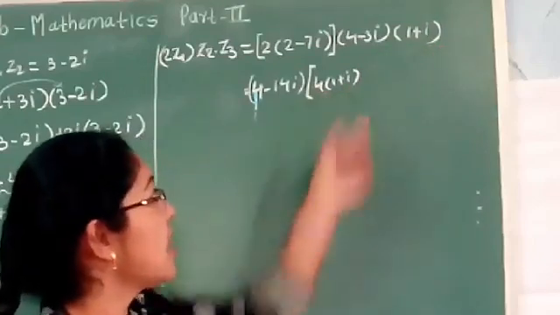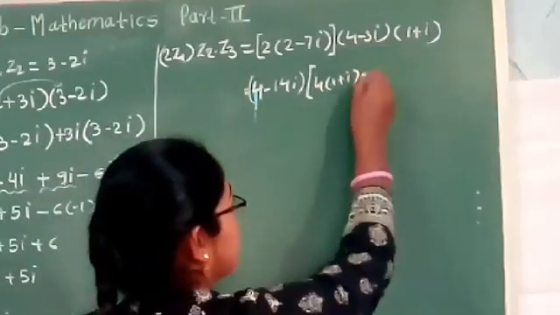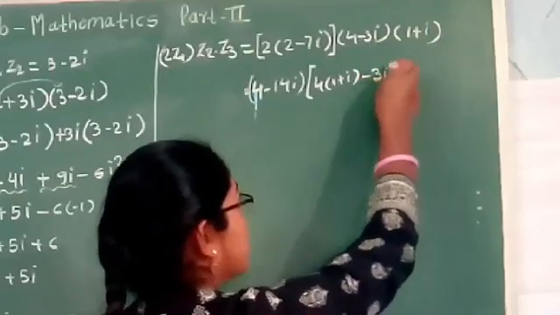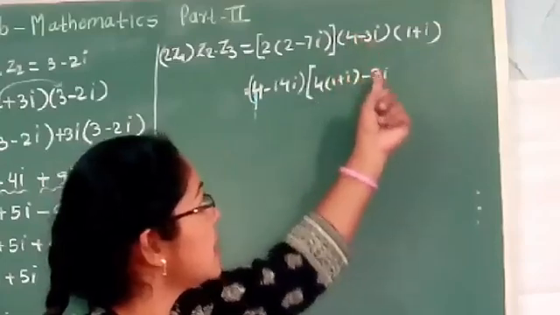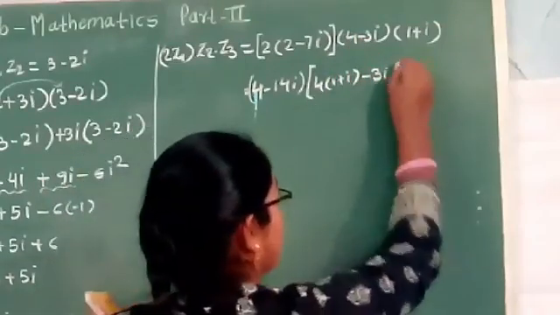4 into 1 plus i, and minus 3i into 1 plus i.